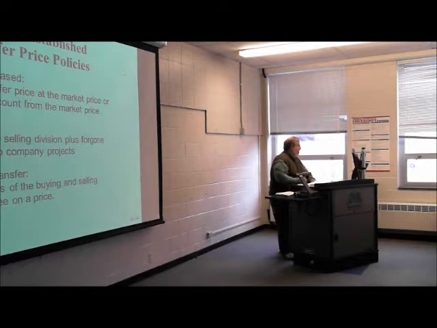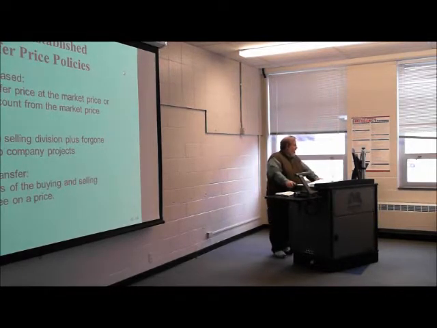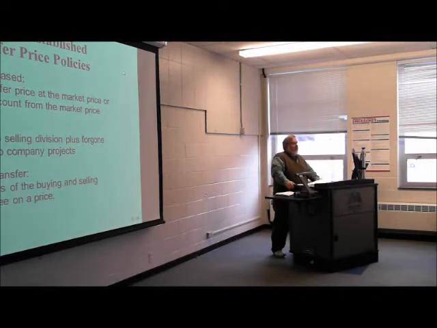Now, the other one is negotiated transfer. Again, this is where we have very diversified operations. We flatten out our decision making, and we're going to have the managers do it. Again, as I've said before, the problem here is you oftentimes don't get the optimal price. You find out who's the better negotiator.